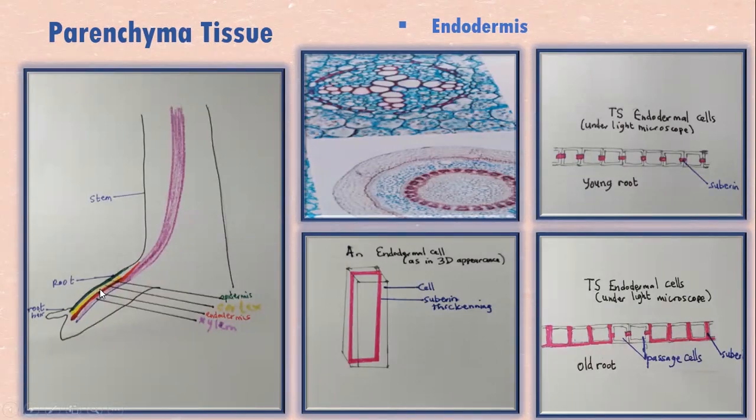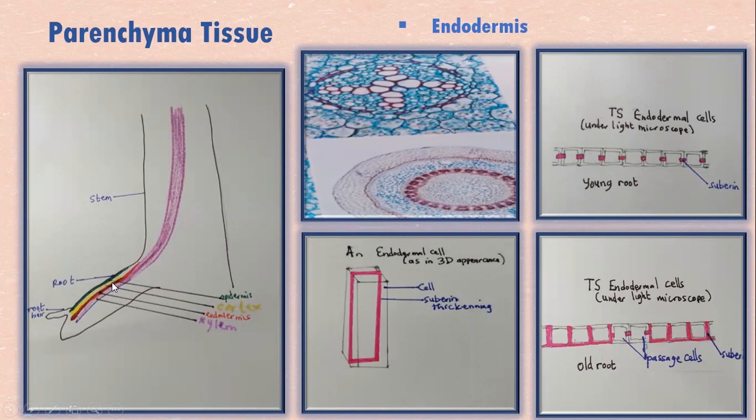So the endodermis restricts the flow of water and all other substances through the cell wall. You know the cell wall is really permeable, but because of the Casparian strip, the water will have to pass through the cytoplasm and vacuoles before it gets into the xylem.